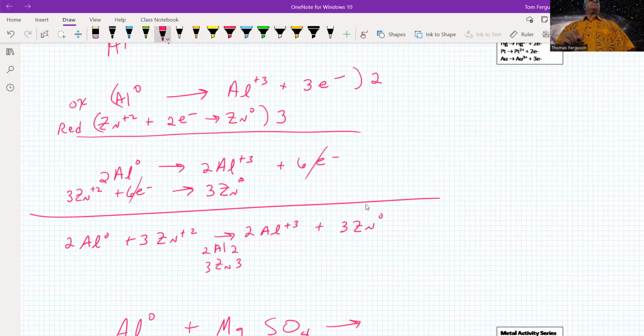Now, what haven't we put in? What's missing? Spectators, yes. And the spectator ions this time are the NO3s. So we need to match up the NO3s to the plus ions, the cations. So that's going to go here.